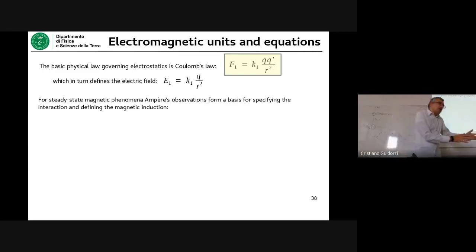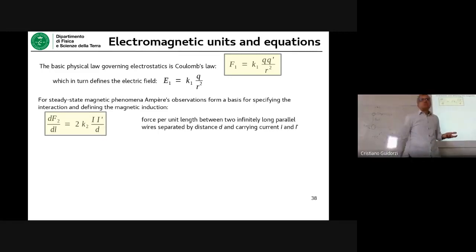When you move on in the exploration of electromagnetism, and in particular to magnetostatic phenomena, where you don't have variable fields, of course you have phenomena, for example, Ampere's law. And what is related to Ampere's law? For example, the creation of a magnetic field due to a current. So you can think of introducing another constant, which we call K2.